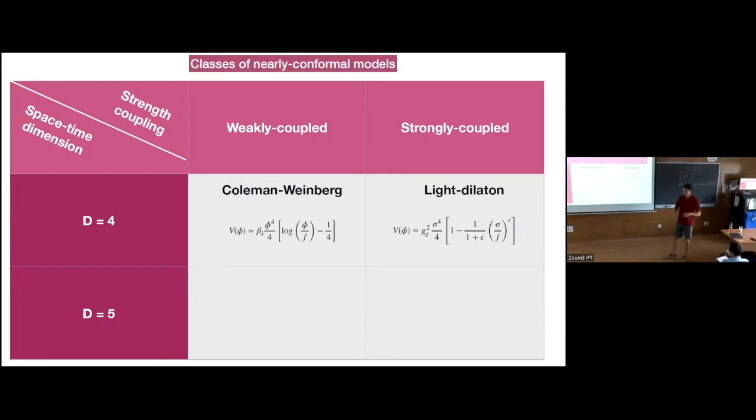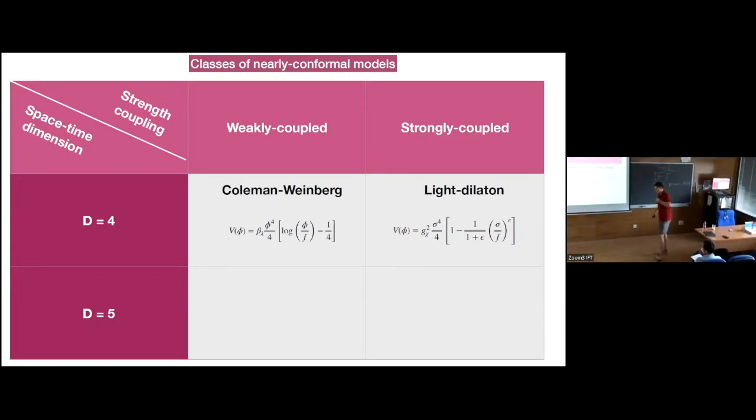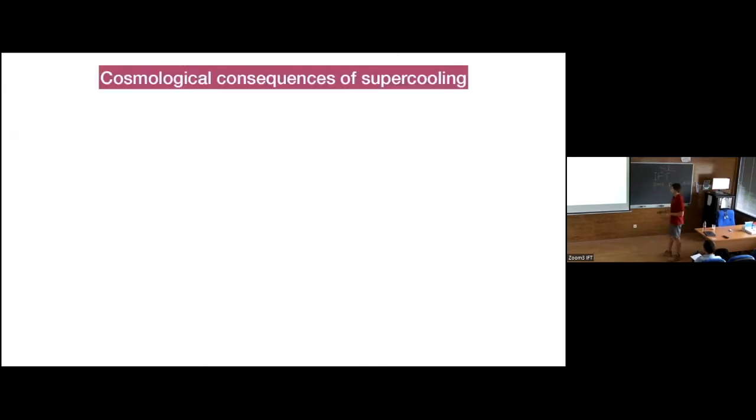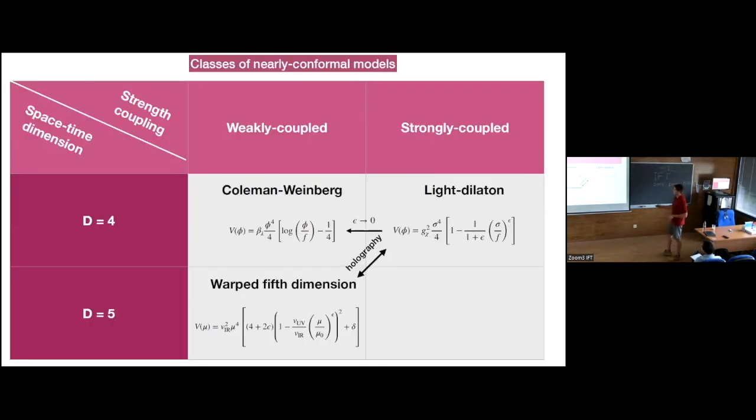For instance, if your confining sector confines, so its coupling constant becomes large while its beta function is running close to zero, then you have an approximate scale invariance that gets spontaneously broken by your confining dynamics. Then you have a PNGB, pseudo-Nambu-Goldstone boson, which is a light dilaton that can efficiently describe the dynamics of the phase transition. And those two cases are related in the limit of small anomalous dimension, epsilon goes to zero: Coleman-Weinberg and light dilaton, they match.